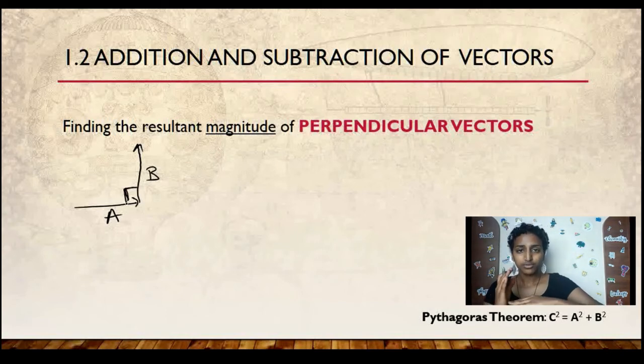Take note of how I drew these two vectors. These vectors are definitely perpendicular, and you can see that I drew them in a head-to-tail relationship. This is the best way to graphically represent perpendicular vectors when you're trying to add them.